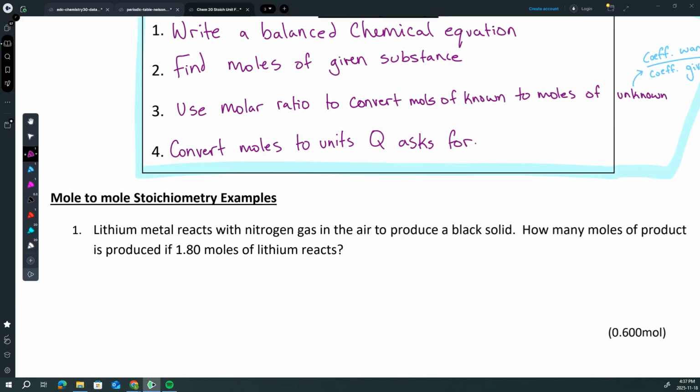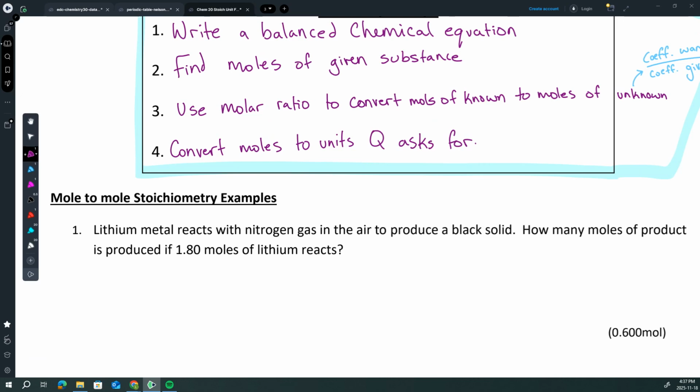So we're going to start off with a mole-to-mole stoichiometry question. In this first example, we have lithium metal reacts with nitrogen gas in the air to produce a black solid. How many moles of product is produced if 1.80 moles of lithium reacts?